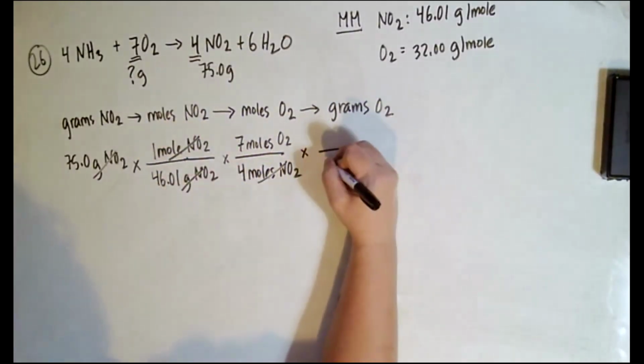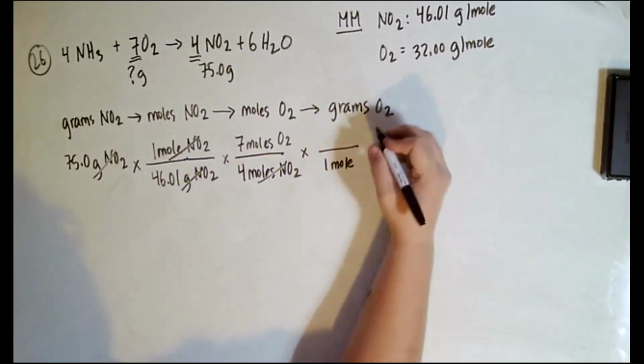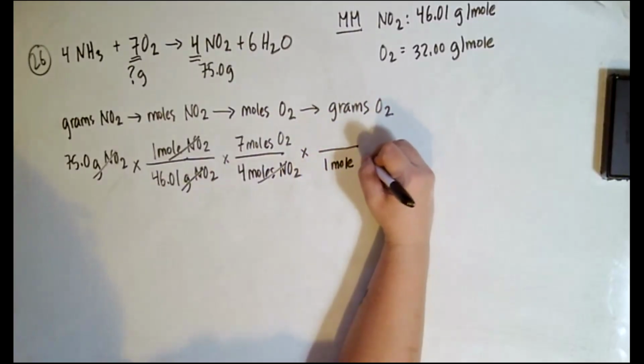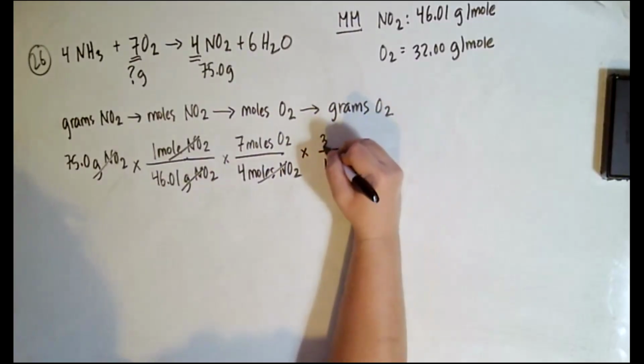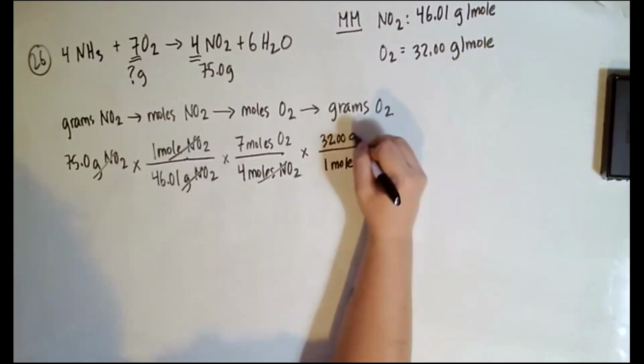Our final step, every 1 mole of O2 is going to be 32 grams.